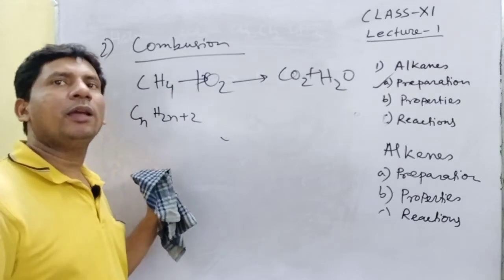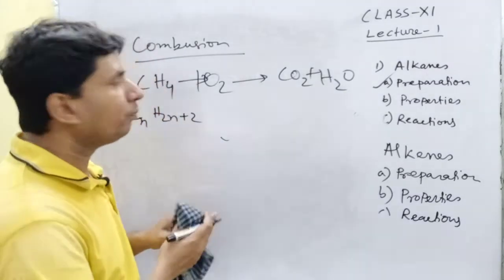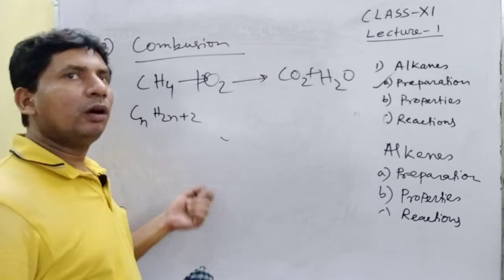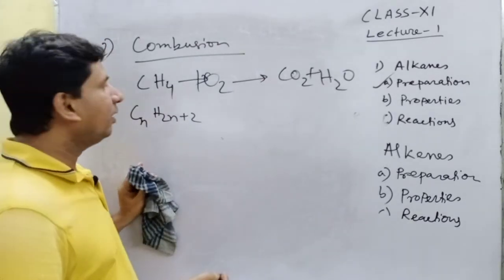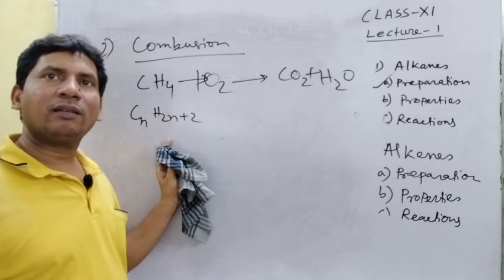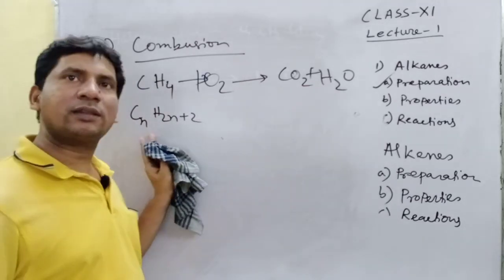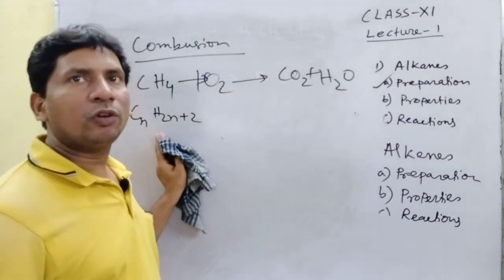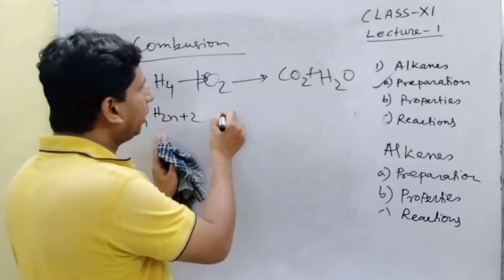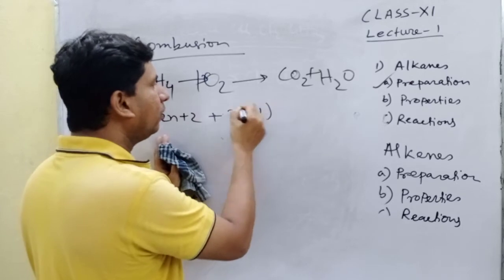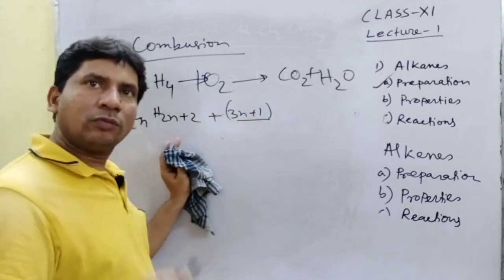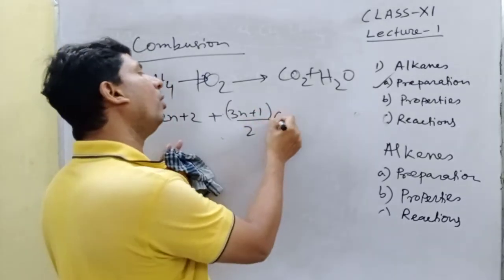And if we want to balance, this is very important. For CnH2n+2, it will be (3n+1)/2 oxygen.